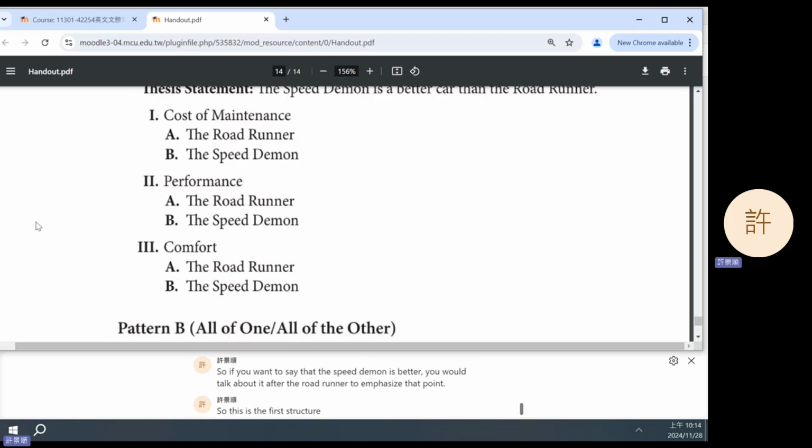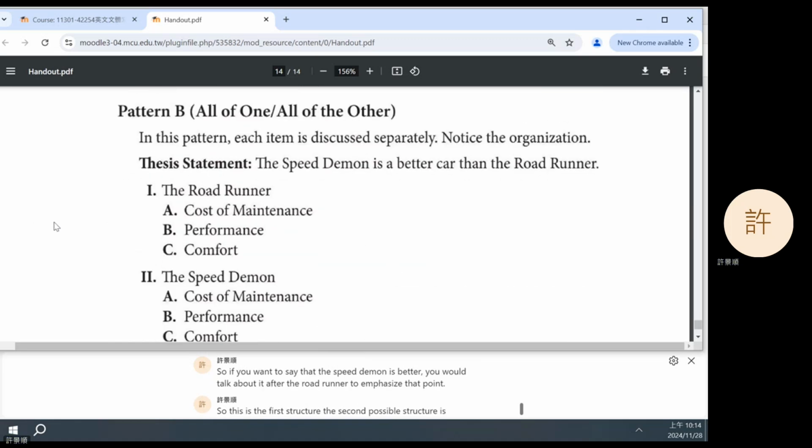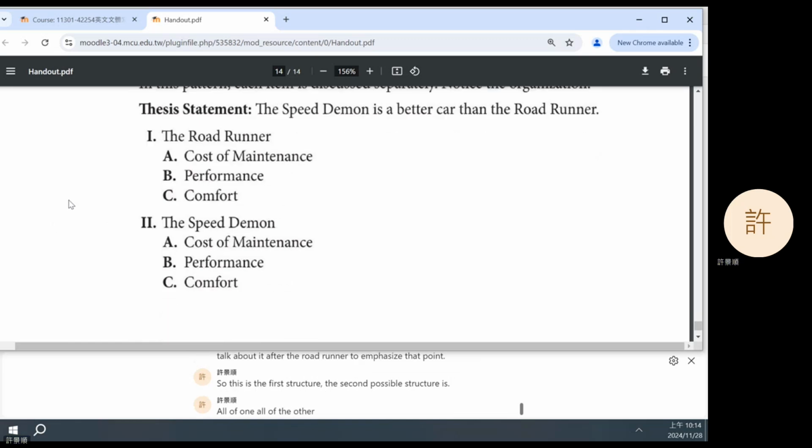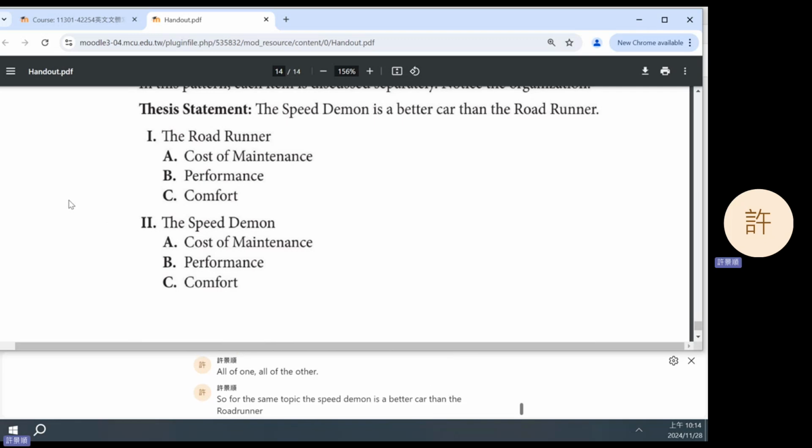The second possible structure is all of one, all of the other. So for the same topic, the speed demon is a better car than the roadrunner. You would spend 1 paragraph on the worst car, the roadrunner, and another paragraph on the better car, the speed demon. But it's not just 2 random paragraphs, right?